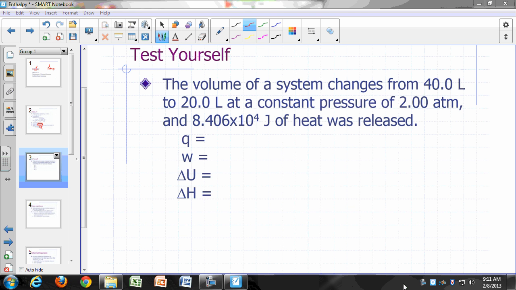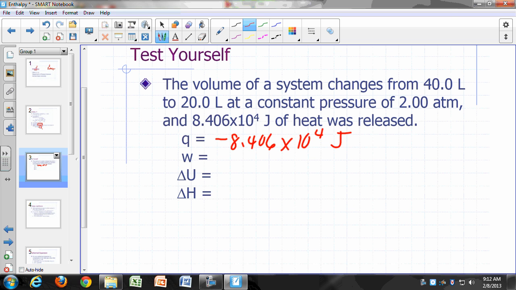Heat released by the system. Q is positive or negative? Heat out of the system, so Q is negative 8.406 times 10 to the 4th joules.